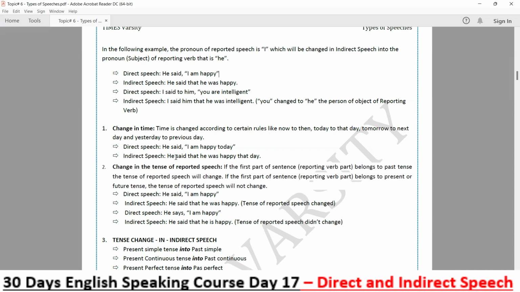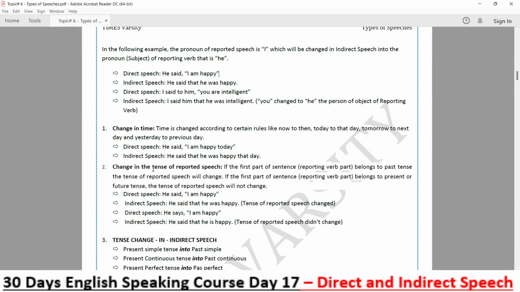Indirect speech, he said that he was happy that day. So today is changed to that day. And it is in present continuous form, so it is changed to past continuous form. There is no use of quotation marks, but instead that is used.